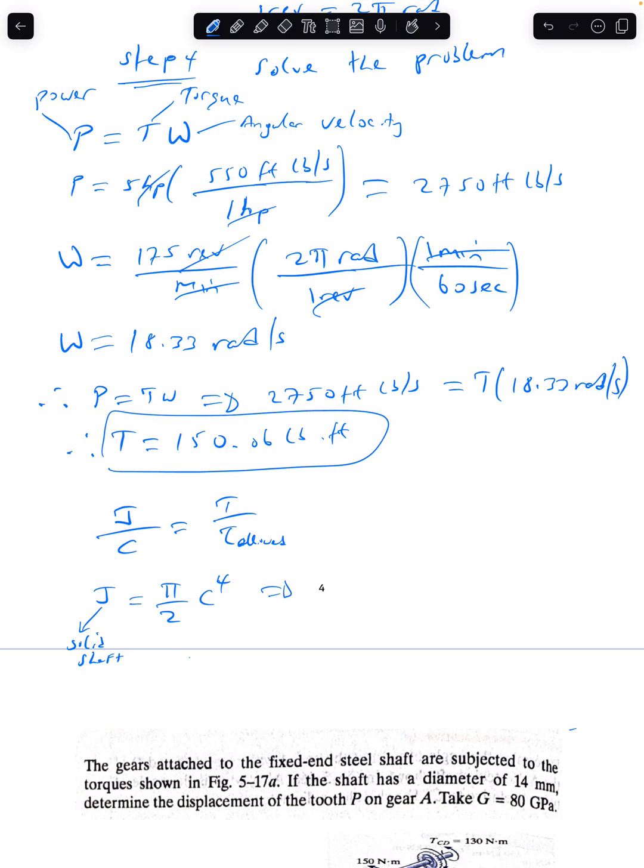Therefore, if I put that in that equation, I'm going to have J over C, which will become pi over 2 times C to the power 4 over C, equal to torque over allowable shear stress.